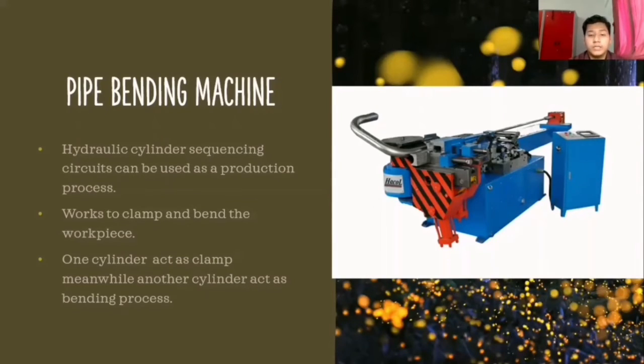The cylinder acts as a clamp to grip the workpiece tightly, and the other cylinder can be used to move tools for operations such as bending the workpiece. The working principle is that one cylinder will act as a clamp, meanwhile another cylinder will bend the workpiece. For this machine, the workpiece is the pipe.